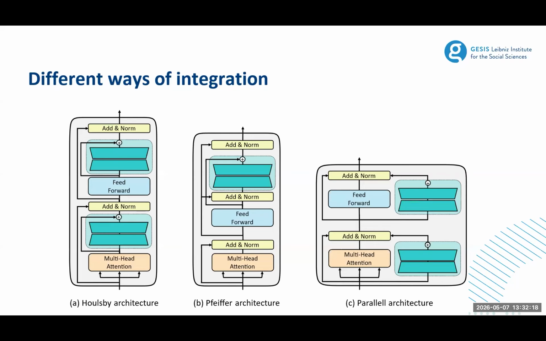And this is not very theory driven, right? How these different architectures evolved was that people were just trying and testing whether it's working better or not. So there's not too much theory behind. But these three architectures that I show here have been found to work quite well.